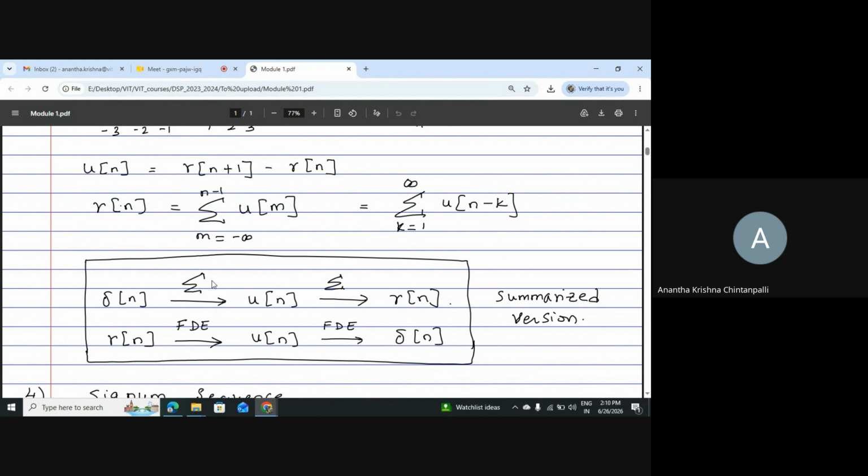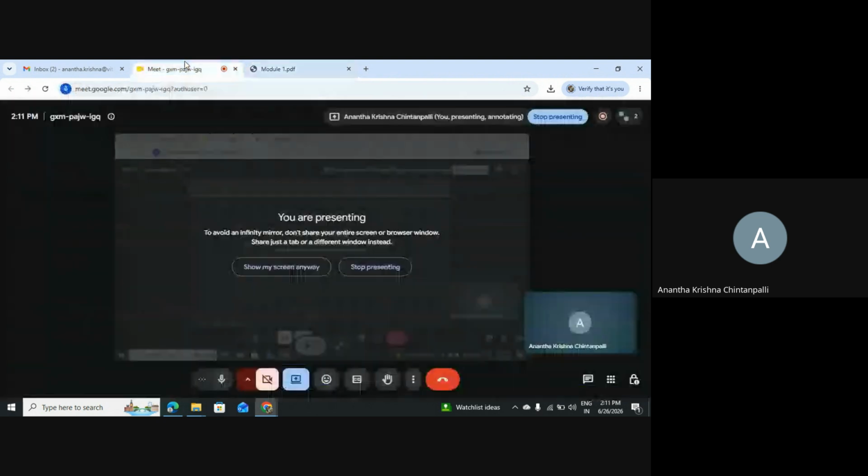Now, if you want to get from r of n, you can get u of n by simply using this expression. You can get delta of n from u of n by taking u of n minus u of n minus 1. Any questions?